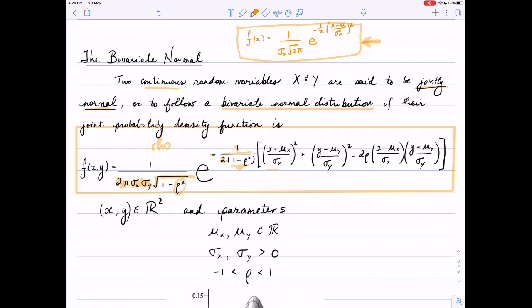Here you've got the same term that you would for x, right? There's the same term, x minus mu over sigma squared. There's the same term, but for y, they are added together, and then this cross term, which makes us think of the variance formula a little bit, or the squaring out, right?